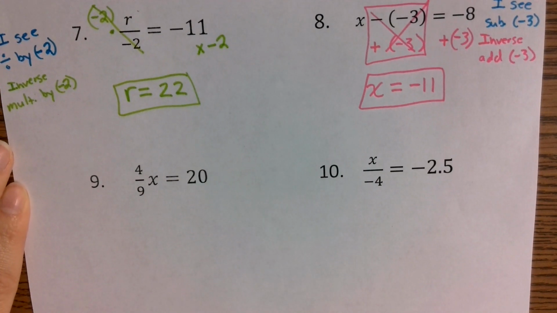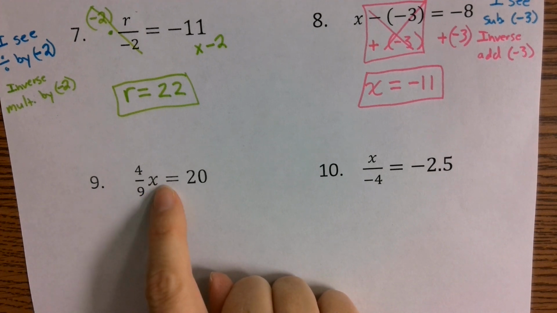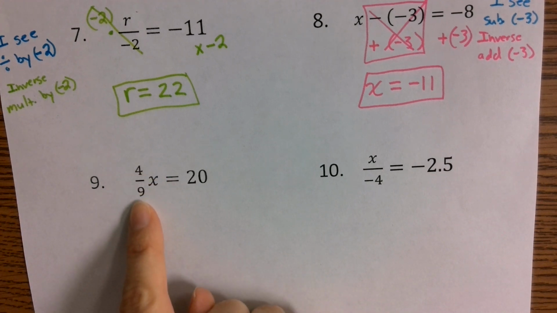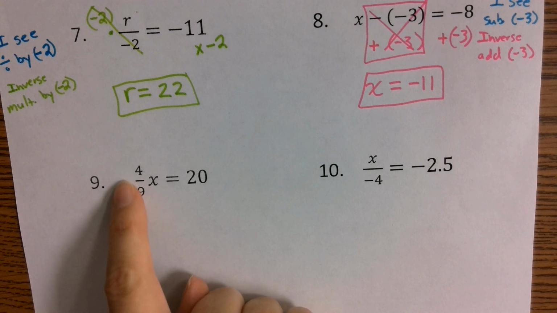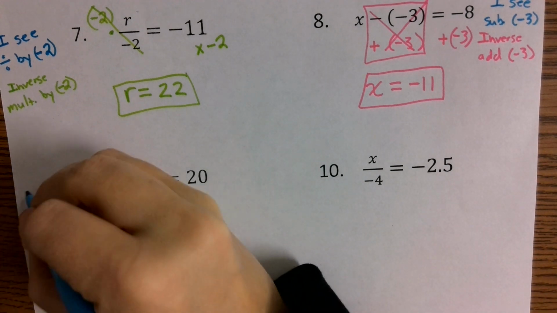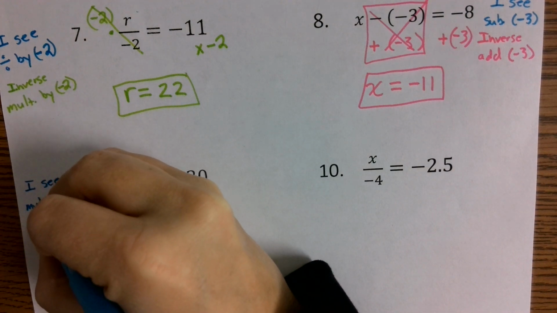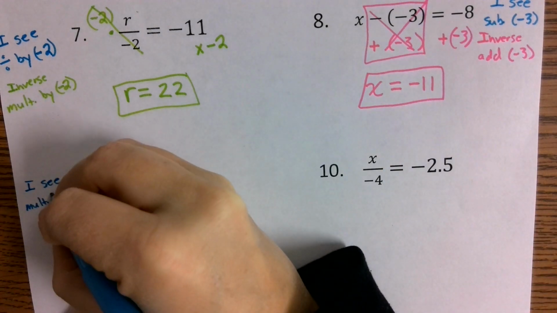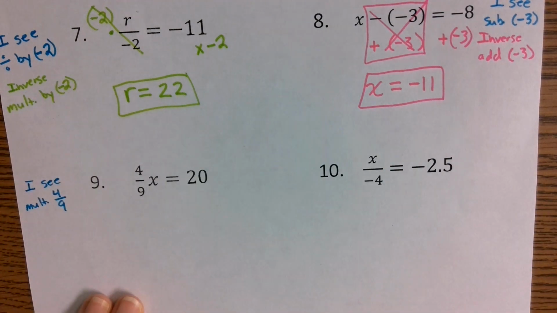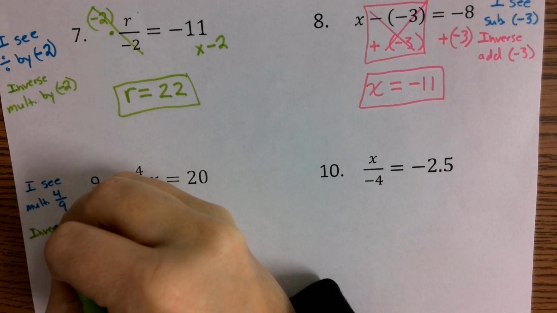Okay, problem number 9. Again, remember when they're side by side like that, is the variable inside of the fraction? No, the variable is not inside of the fraction. Is it side by side with the fraction? Yes. When they're side by side, what operation is that? Multiplication. I see multiplication of that 4/9. So my inverse operation is to divide by the 4/9.